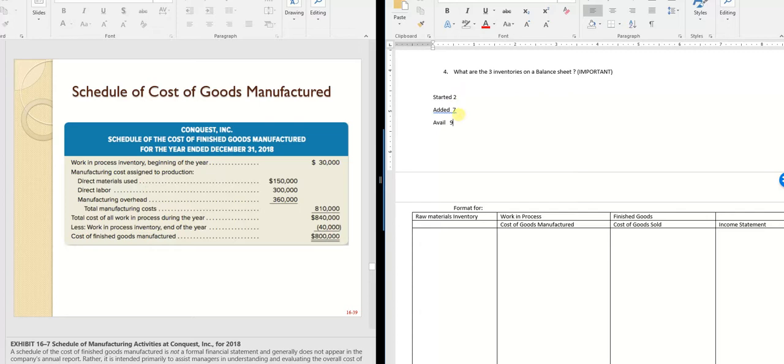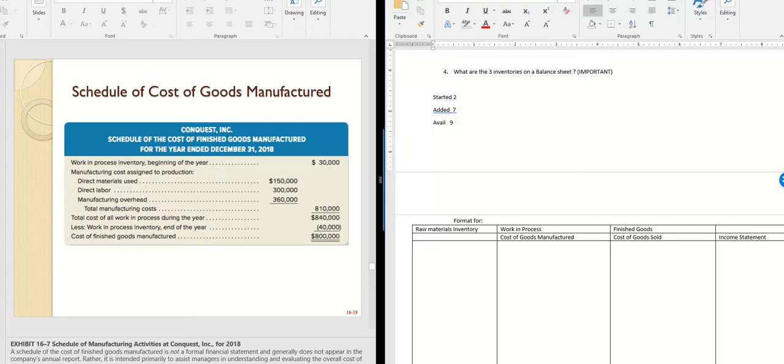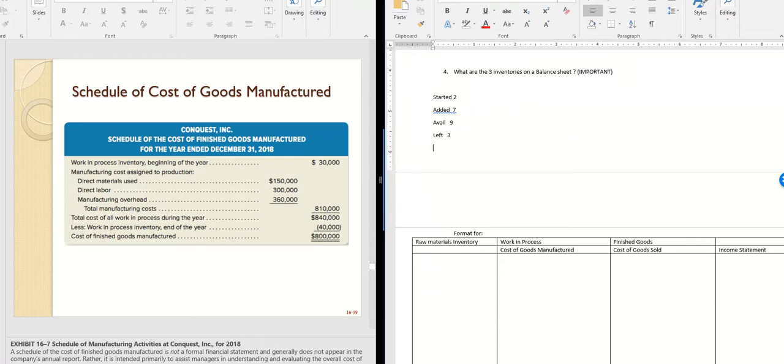So I started with 2, I added 7, I had available 9, and I am left with 3. And so how many did I use? I used 6.